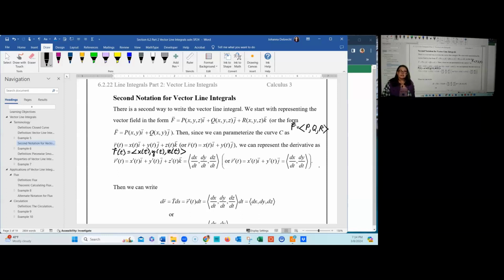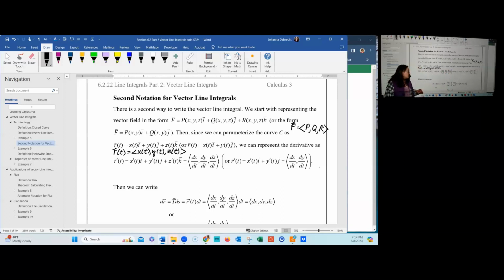Again, representing this as a vector valued function. Then we can represent the derivative of r of t as ⟨x prime of t, y prime of t, z prime of t⟩, or ⟨dx/dt, dy/dt, dz/dt⟩.